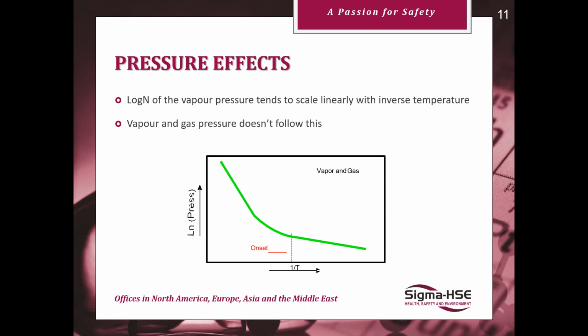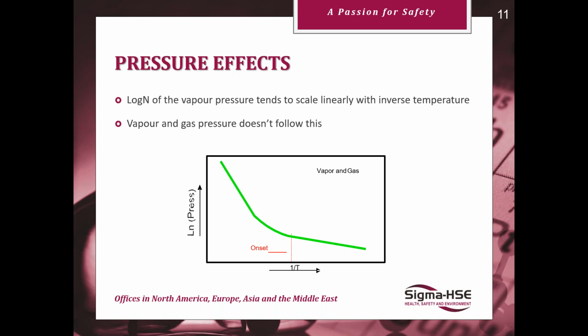So pressure effects, I just mentioned vapor pressure. So you've got a mass of water, and with temperature you're going to get more and more vapor in the head above it. And the natural log of the vapor pressure against temperature tends to scale linearly.